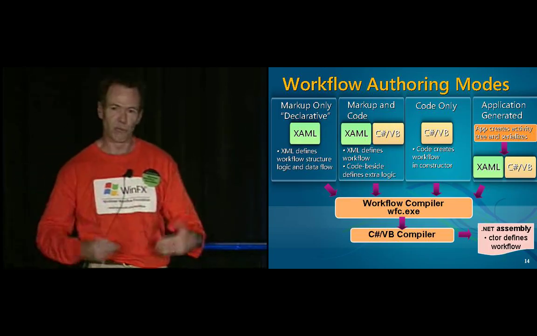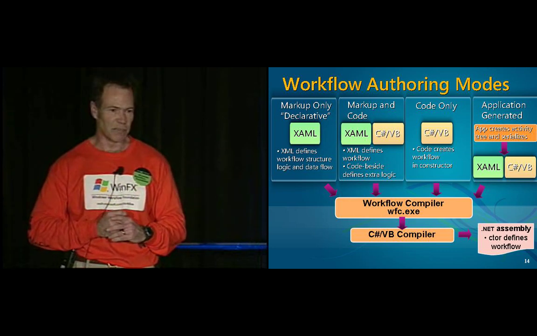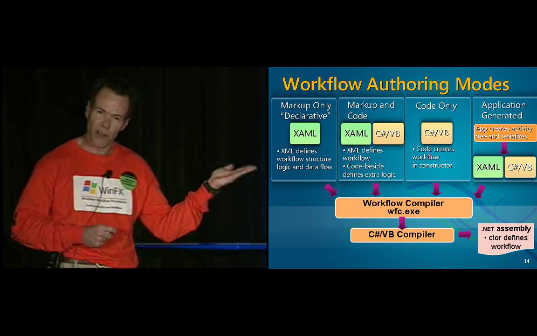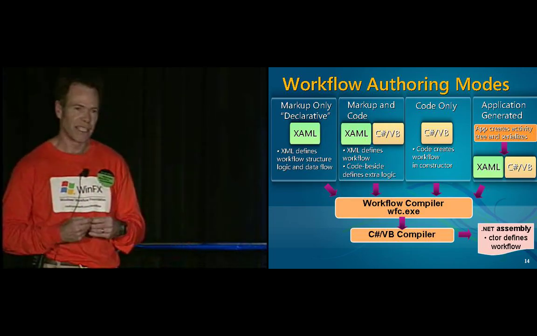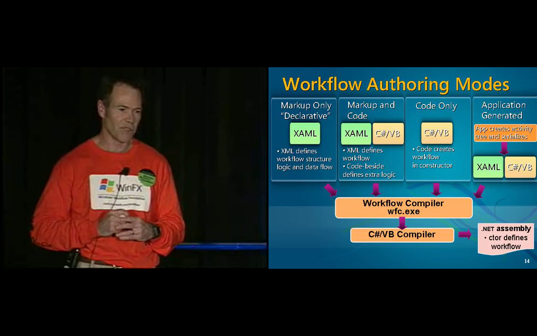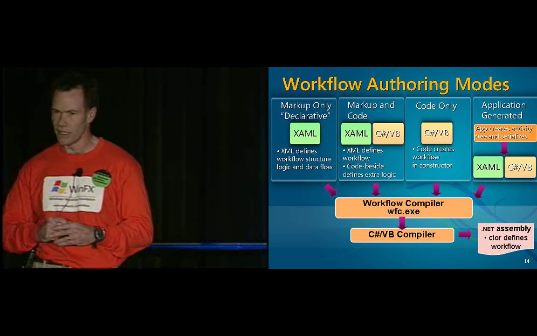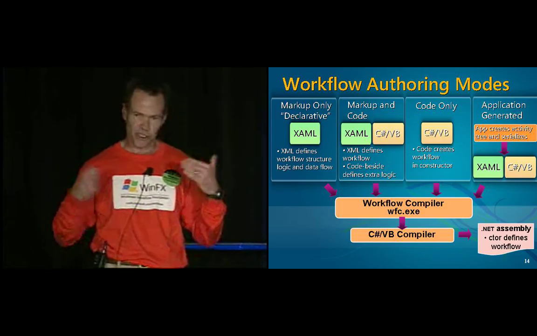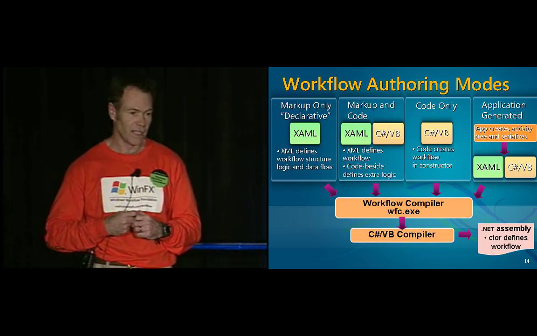So deploy and compile at first usage is a really powerful way to think about these things. But in general, what Paul showed you is that workflows are built into an assembly, and that's done at design time. So whichever way you author, at the end of the day, you end up with an assembly, with an object, with a constructor that defines the activities in that workflow.